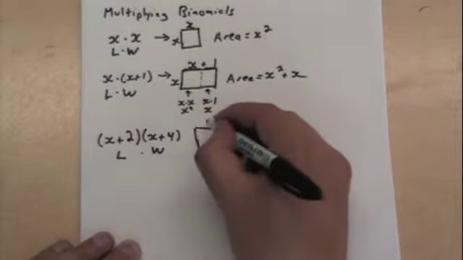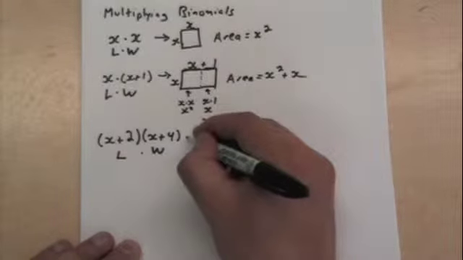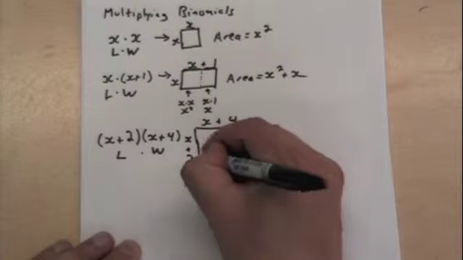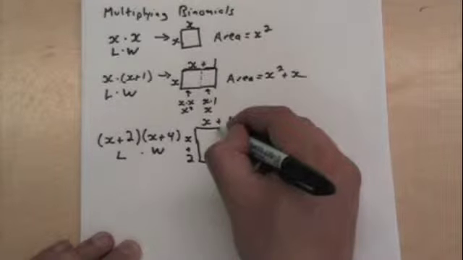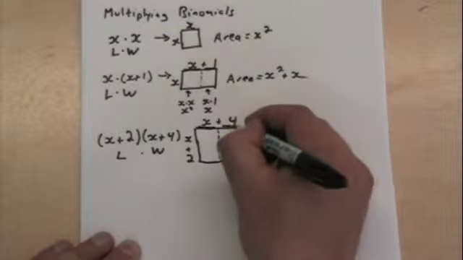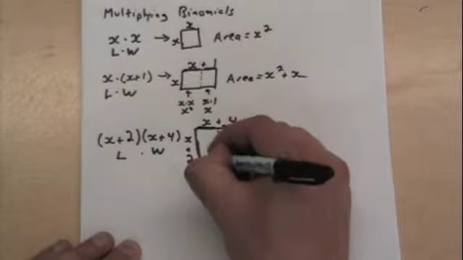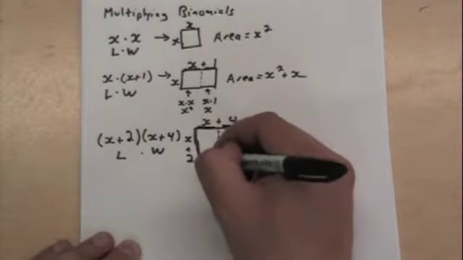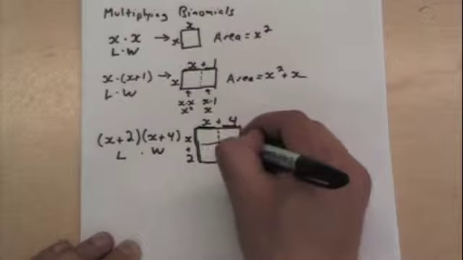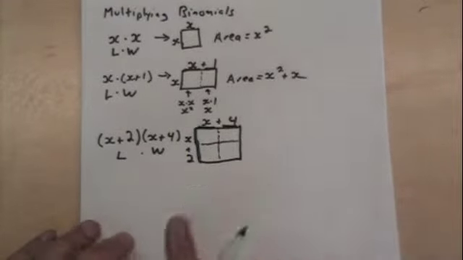Here we have x plus 4 as the width, x plus 2 as the length. This part is x and this part is 4. Altogether the length here is x plus 4, and here this part is x, this part is 2, and we can break up our rectangle thusly.